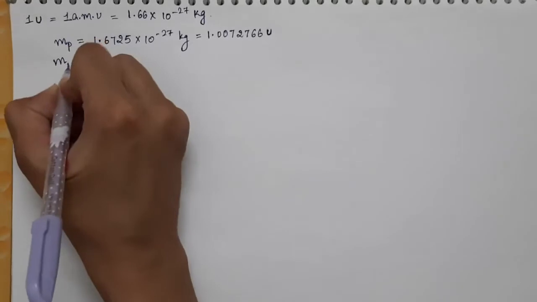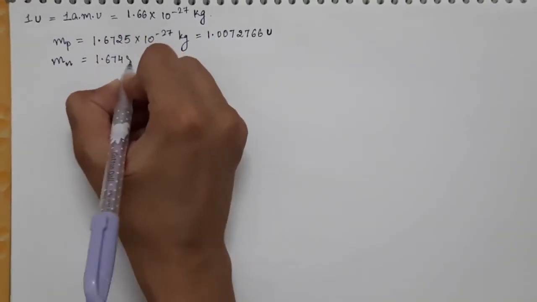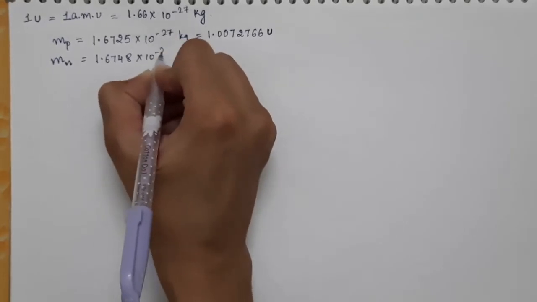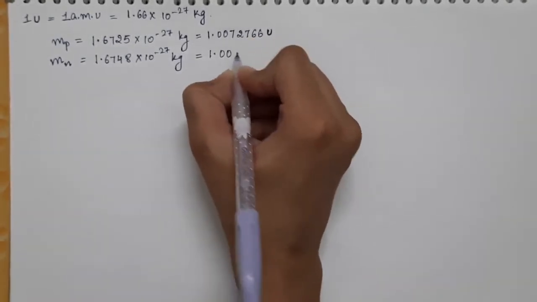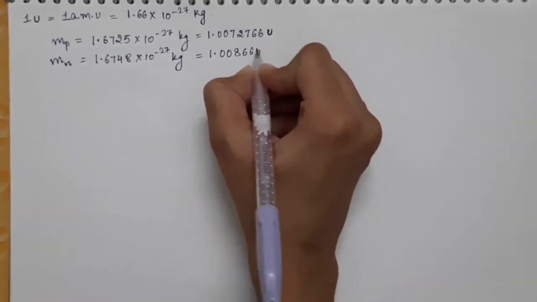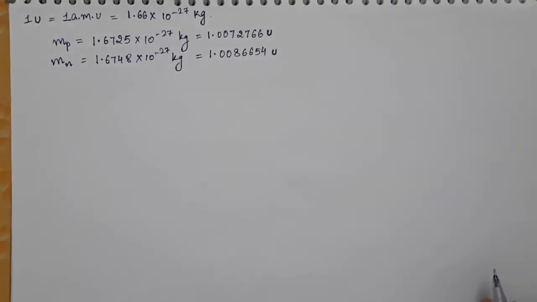And the mass of a neutron is equal to 1.6748 × 10^-27 kg, and in terms of AMU, this is equal to 1.0086654 u. So this is the mass of a proton and neutron in terms of AMU.